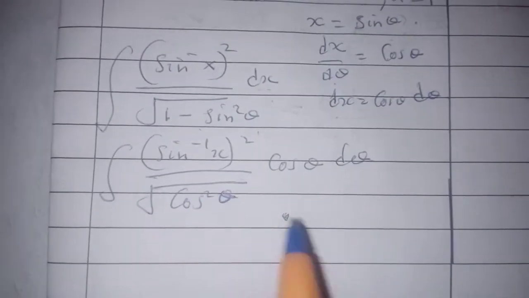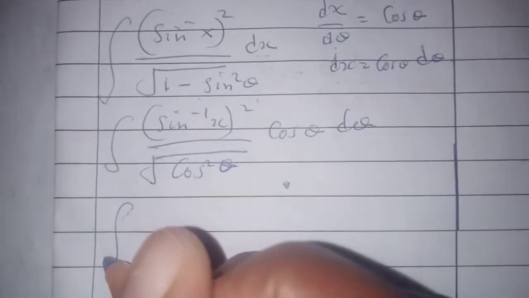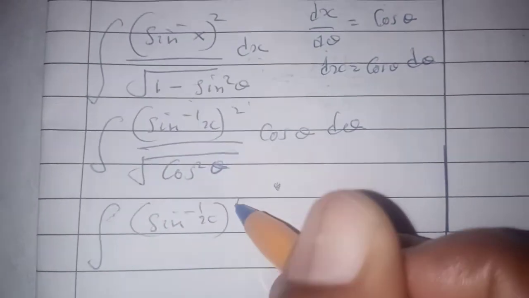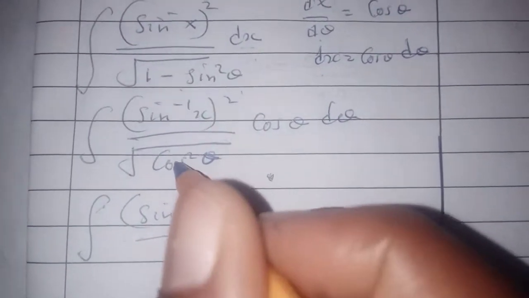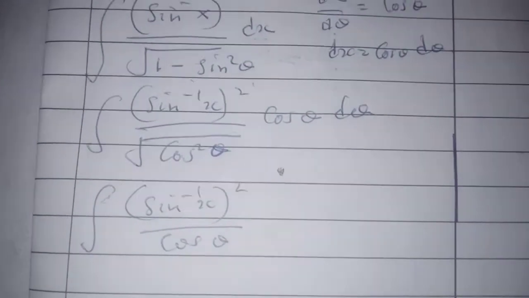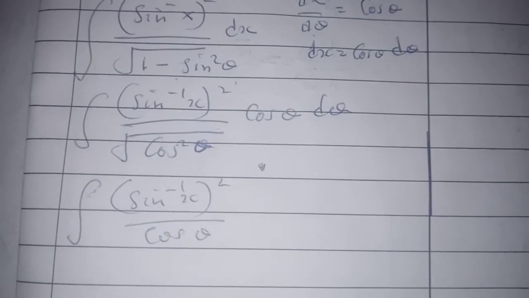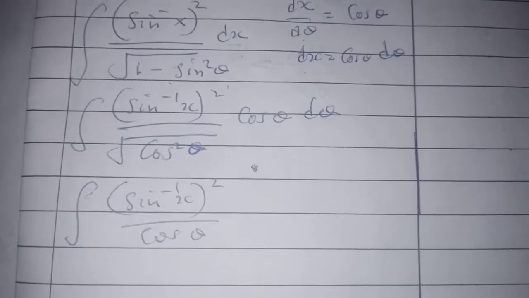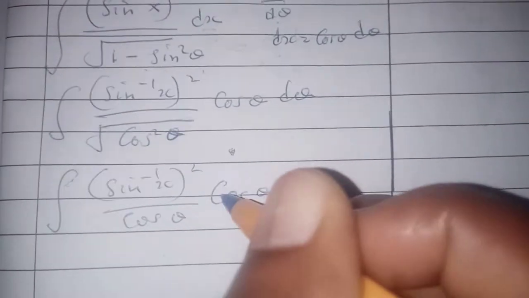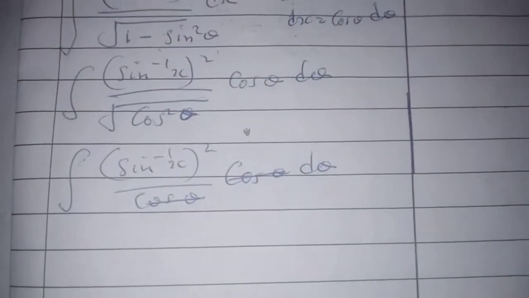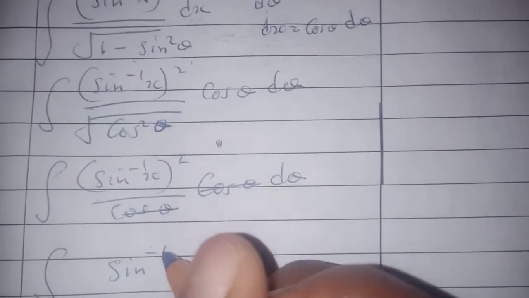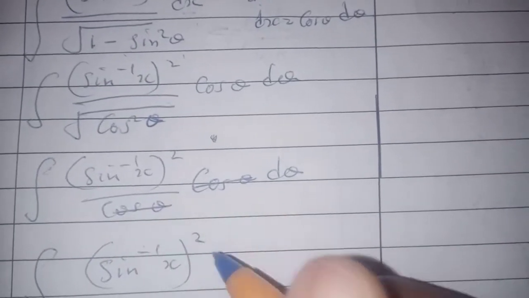The square root of cos squared theta is just cos theta, then cos theta d theta. So cancel out the cos's. Therefore, we remain with just sine inverse of x squared d theta.